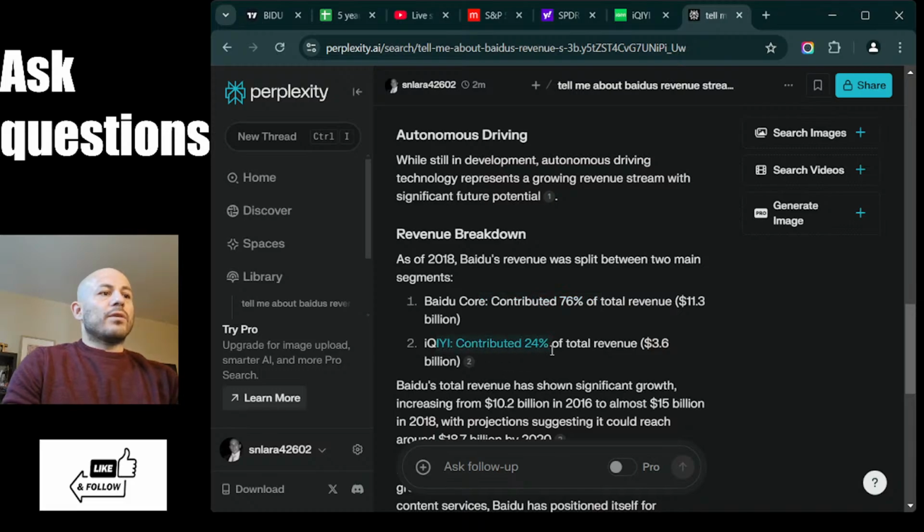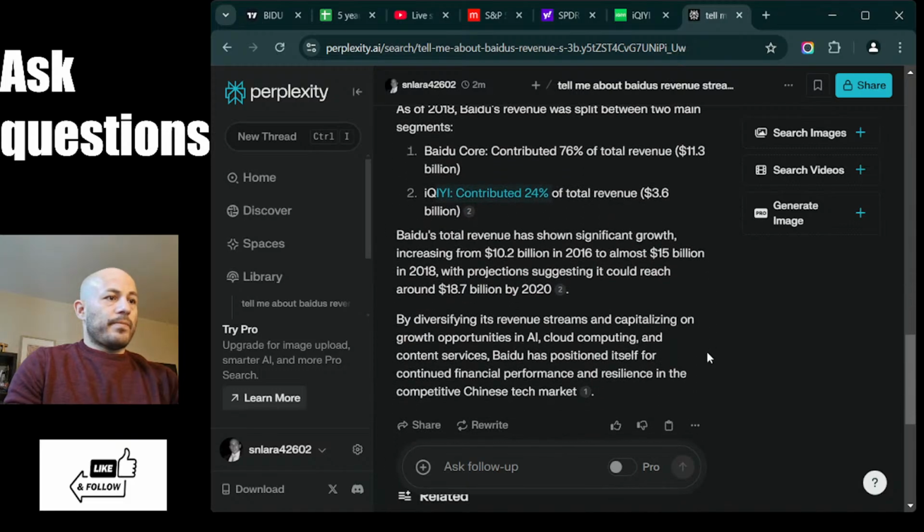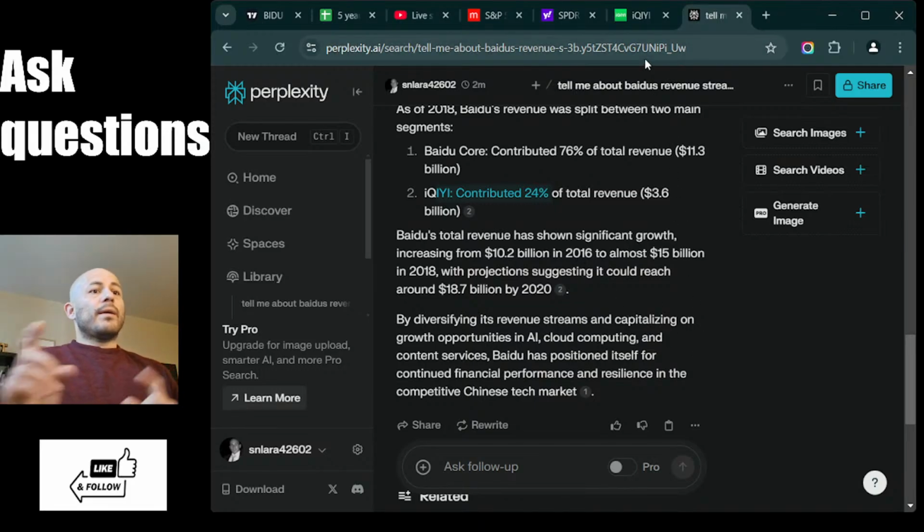And then IQiyi is 20% of their total revenue. So you have to look at both together, because if you really like IQiyi, there's a big chunk of it inside Baidu, and they support each other.